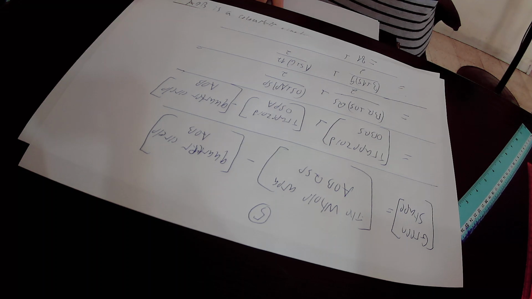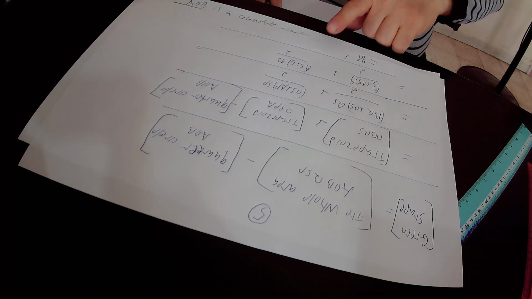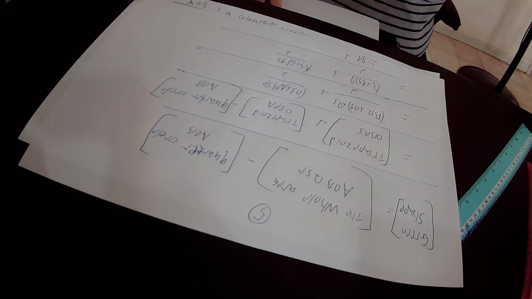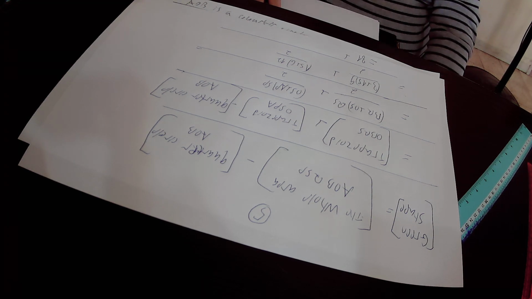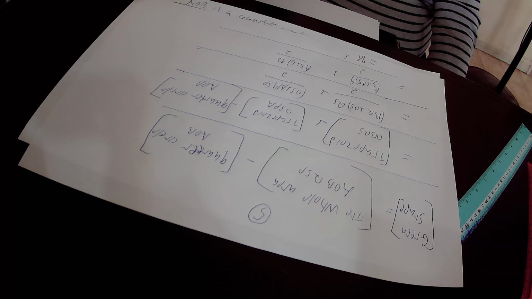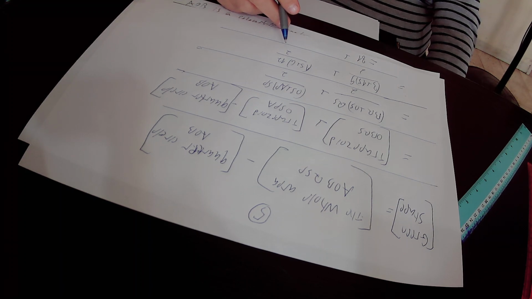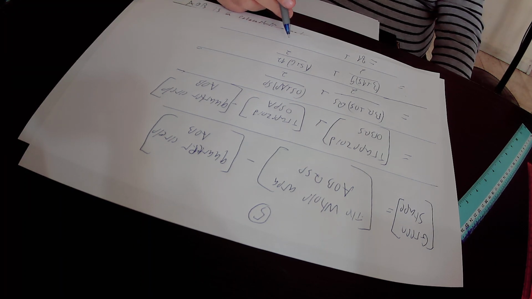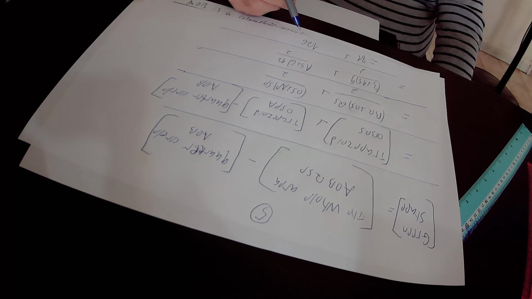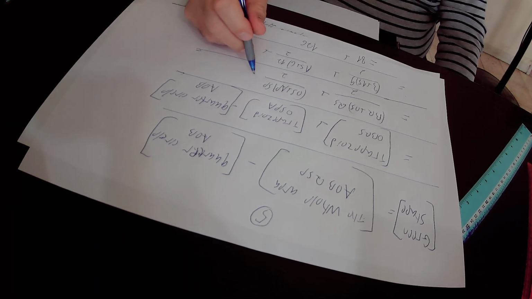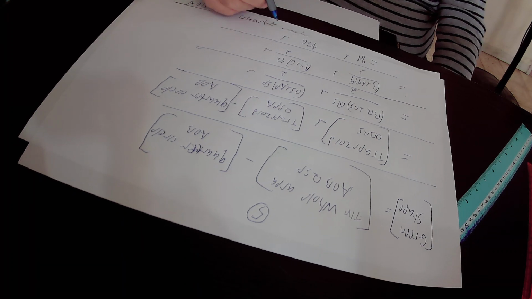So the area of trapezoid OSPA equals 15 plus 6 times 12 over 2. 15 plus 6 is 21. 12 over 2 is 6. 21 times 6 is 126. In conclusion, the area of trapezoid OSPA equals 126 square units.